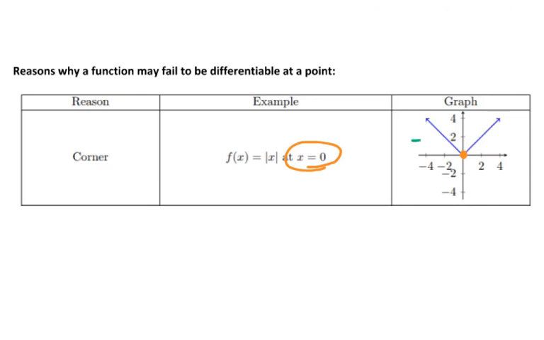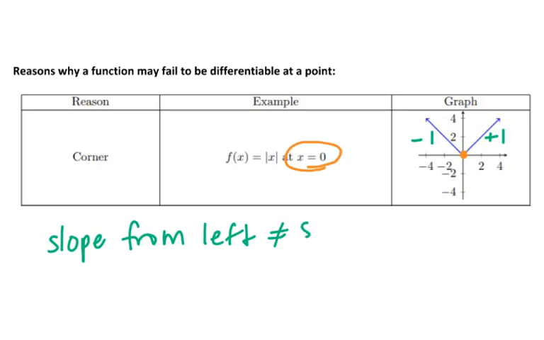In fact, on the left the slope is -1, and on the right the slope is +1. So we would say that the slope from the left does not equal the slope from the right. So that's why that function is not differentiable at the value x equals 0.